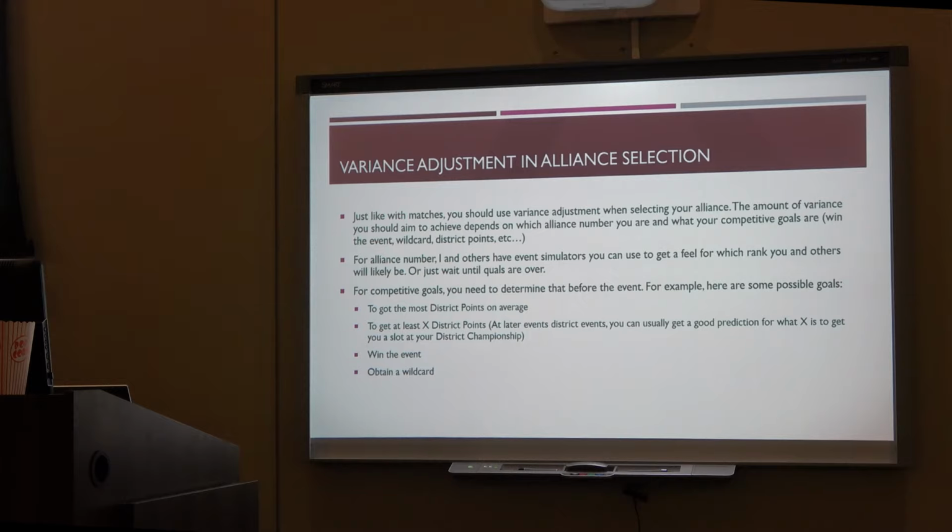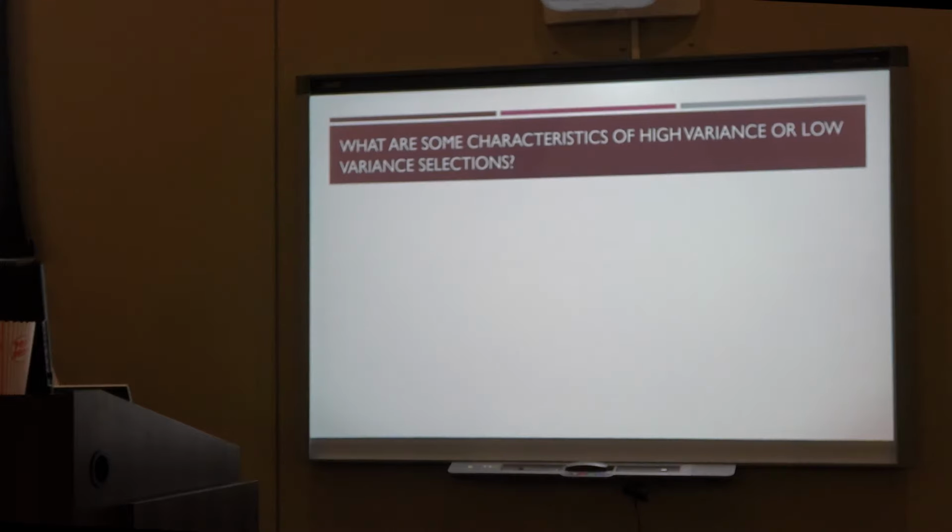For the second event, maybe there's enough data out there that you can estimate, hey, we need at least this many points to qualify for the state championships, or to be on track to qualify for Worlds. So determine those before the event, and once you have both figured out, you can go into alliance selection with an idea of how much variance you want.